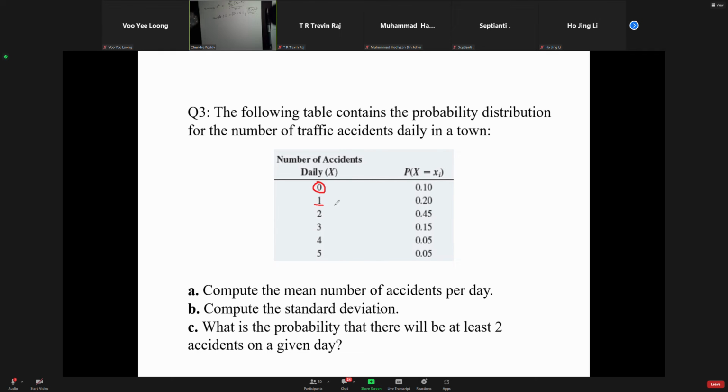One accident, the probability is 0.2. Two accidents, the probability is 0.45. Three accidents, the probability is 0.15. Four accidents, the probability is 0.05. Five accidents, the probability is 0.05. So the total probability will be 1.0.